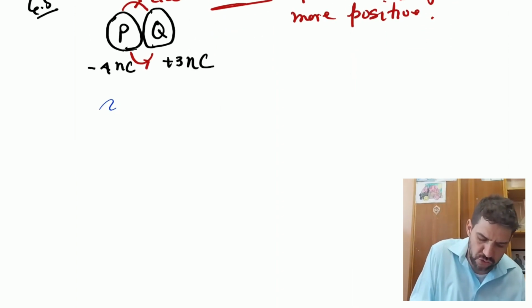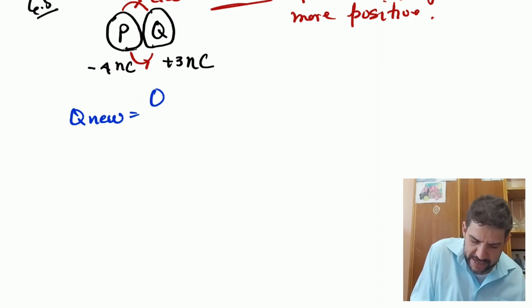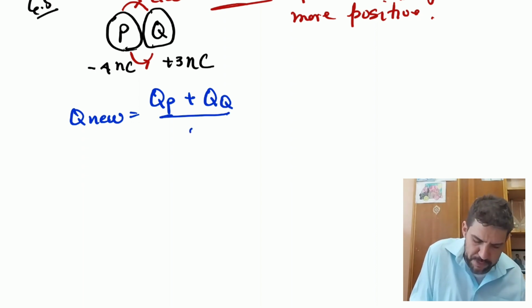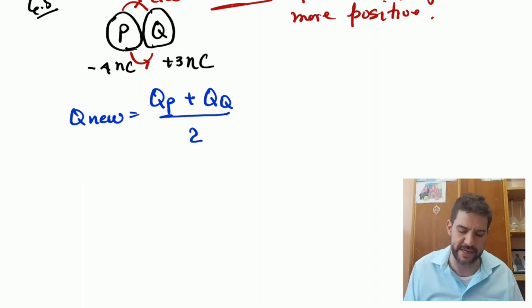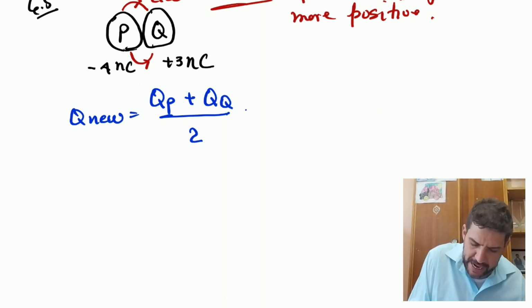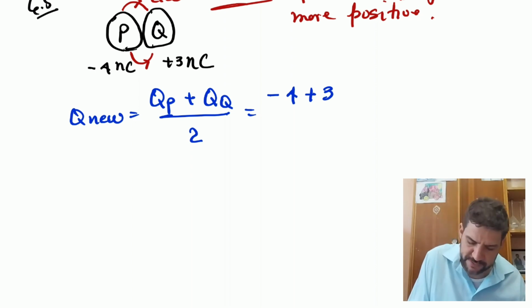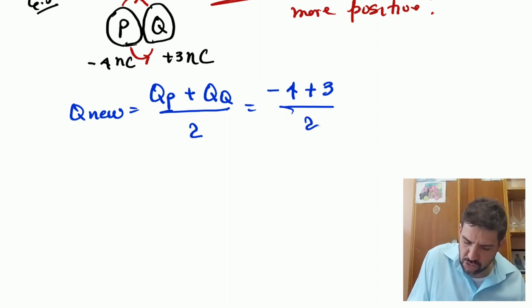So what you're going to say is Q new is equal to charge P plus charge Q divided by 2, because there are only two spheres involved here. For this formula, you do not have to convert. In other words, we have minus 4 plus 3, because it's positive, divided by 2.